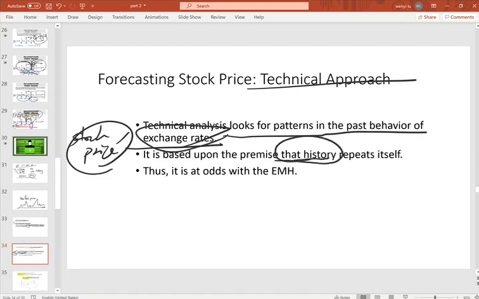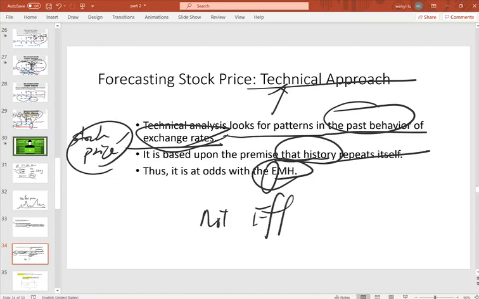So you assume history will repeat: what happened in the past will also happen in the future. That's our technical approach assumption. You assume the market is not efficient.